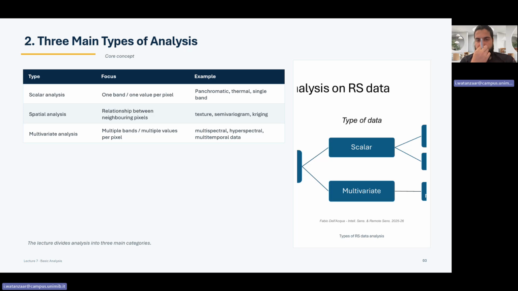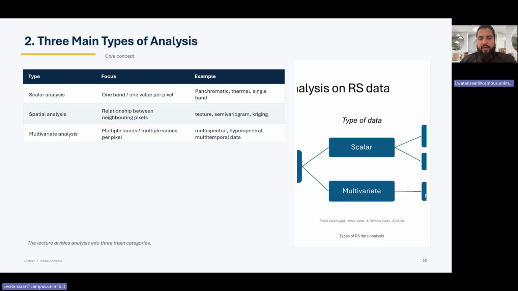Here we mainly discuss the important concept of principal component analysis, or principal component transform. It is one of the main examples of multivariate analysis. Examples are given for multispectral, hyperspectral, or multi-temporal data. Multi-temporal data is simple: the data has been taken at multiple times.